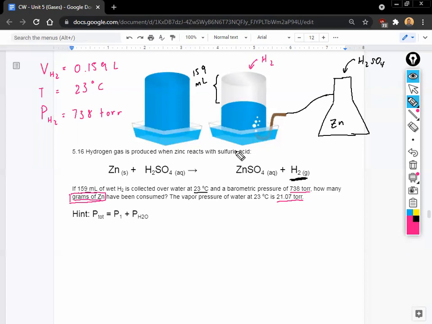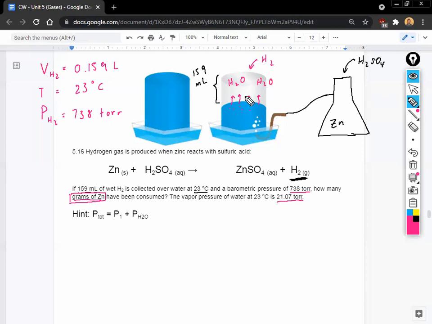Now, even if you're not heating up the water, even if it's not boiling, some of the water molecules on the top of the water are just going to turn into gas. It's really strange, but it doesn't all just stay liquid. It's a very small amount, but some of the water molecules are going to come out of the liquid water and become gaseous H2O molecules. Does that make sense?